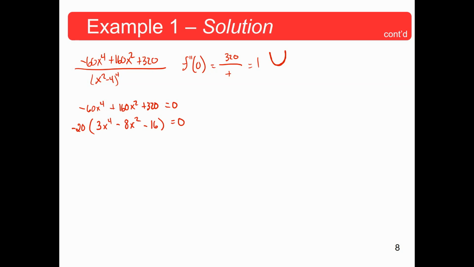So you've got 3 times negative 16. It's negative 48. So do I have two numbers that multiply to be negative 48 but add to be negative 8? Because this is just quadratic, right? This is a fourth and a square, so this is going to be quadratic in x squared. So negative 48 can be, what? 1 and 48, 2 and 24, 3 and 16. Yeah.